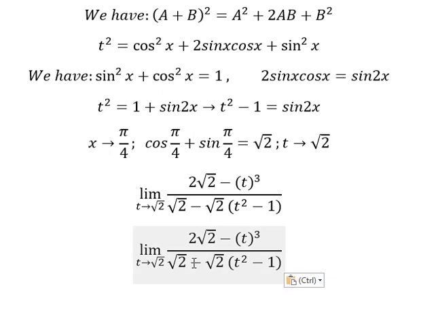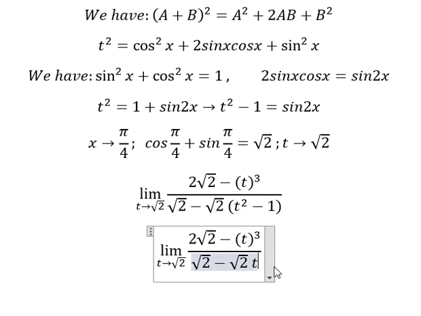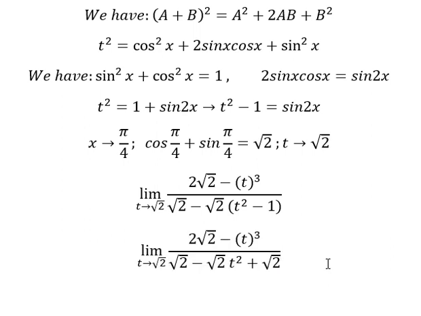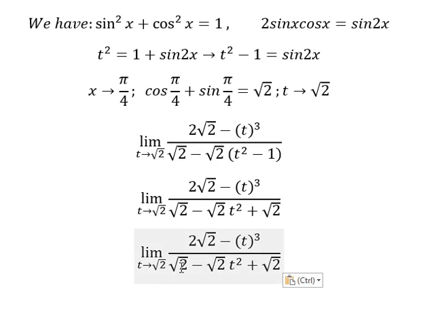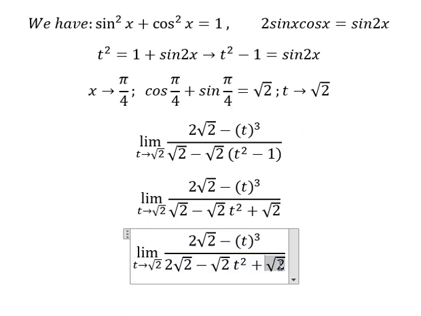Now the negative of the square root of number 2 multiplied by this one, and we have it like this. So the square root of number 2 with the square root of number 2, we have number 2.